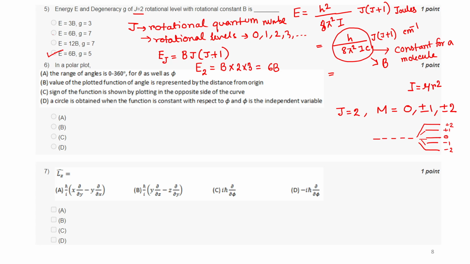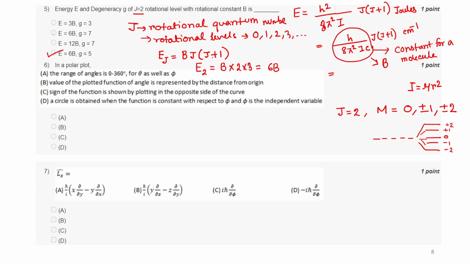What we have discussed in vibrational spectroscopy, right? Our assumption was that the vibrational amplitude will be very small for a rotational motion, but in reality it's not. No bonds are rigid, right?